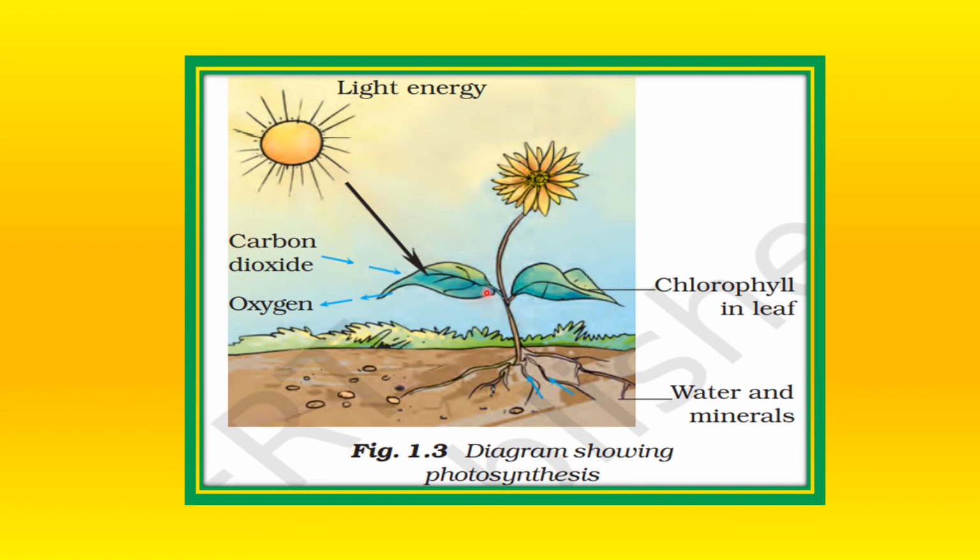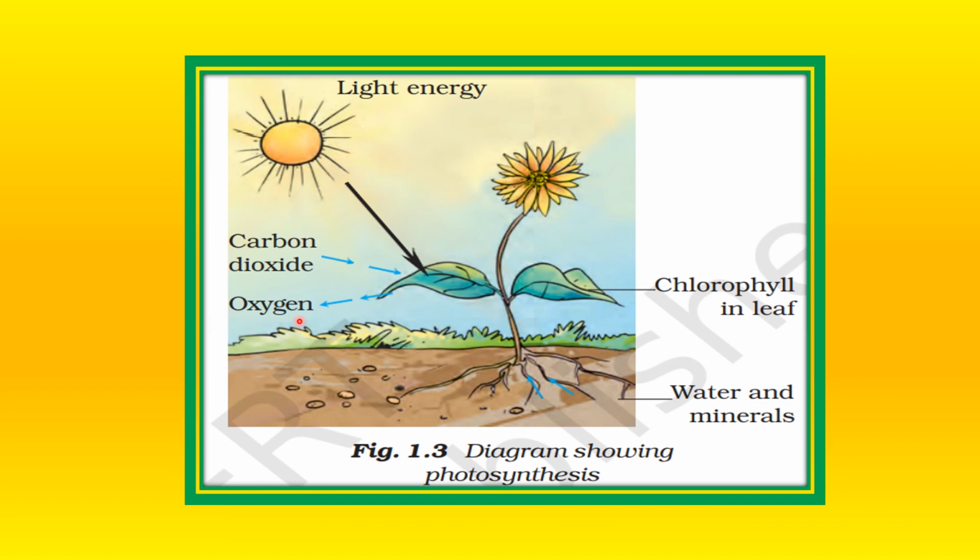And the leaves contain chlorophyll that helps to absorb the solar energy. Okay, so these are the raw materials needed for preparing food for the plants. And what is photosynthesis? The leaves of the plant absorb solar energy from the sunlight and convert water and carbon dioxide to sugar and release oxygen.